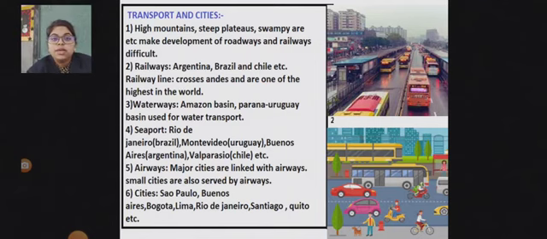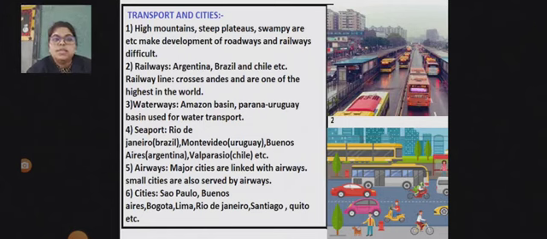Why not forget airways? We should keep a count. So let's move on to the next topic, which is transport airways. Talking about airways, there are major cities which are linked with airways. Airways are an important part in South America. Why?